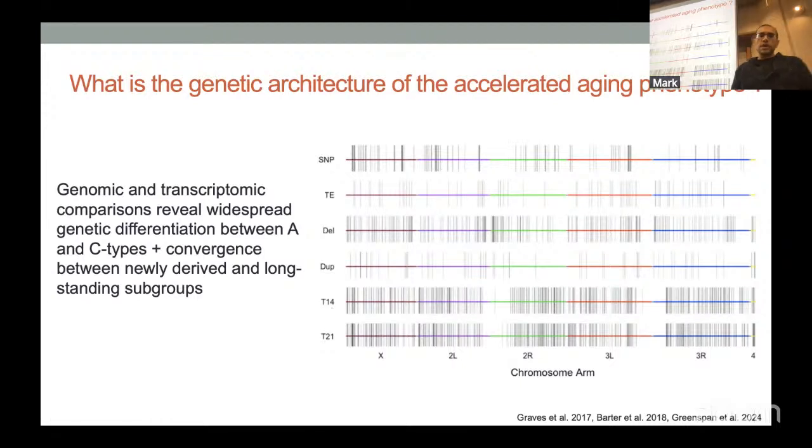So I think just to touch on some of the cool stuff we found in this, obviously we found that adaptation is pretty polygenic, which, at the time was cool. Now I think everyone acknowledges that, so less cool. But one of the interesting things, we always had this idea there was a really early paper in this system that Molly Burke published where she sequenced these A-type populations after at that time they'd had about 600 generations of selection.